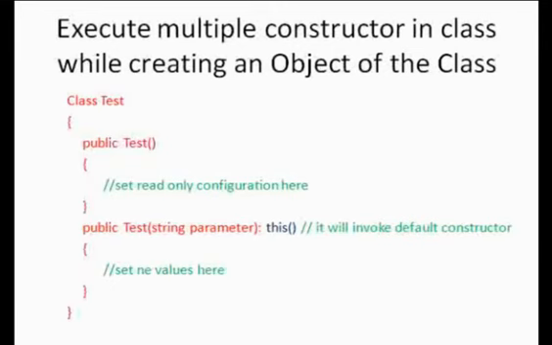So what we can do is create a new constructor with new parameters and we can call the old constructor using this keyword to ensure that the new functionality as well as old functionality is working for the new consumers and the old functionality is working the same for the existing consumers. So in this scenario, using this keyword, we can execute multiple constructors in a class.